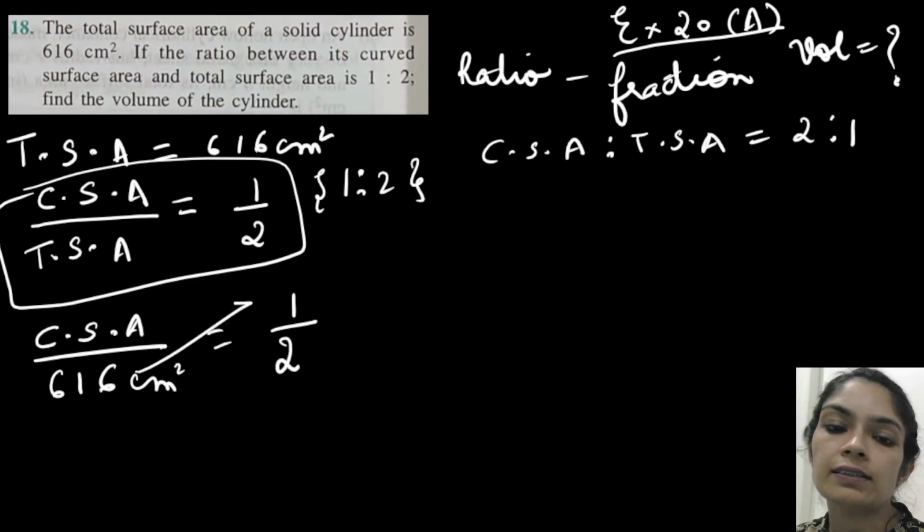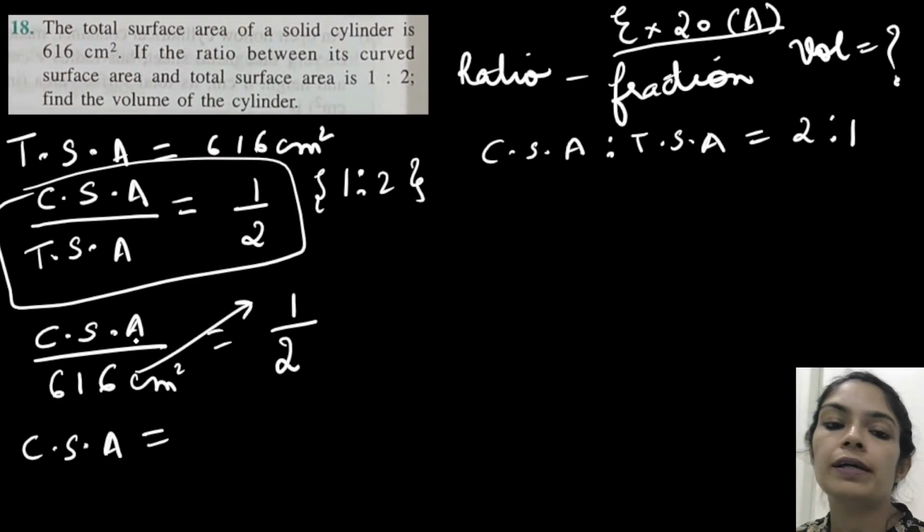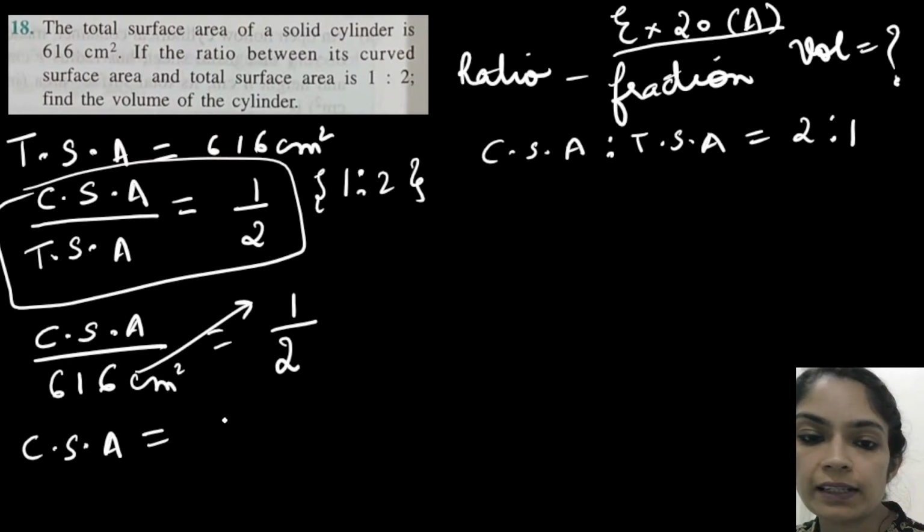Now this 616, let's shift to other side because only one unknown thing is there. So by shifting this 616 to other side, we can find the value of curved surface area. So here 616 is getting divided. If we shift it to other side, it will get multiplied. So multiplied with 1. If we multiply anything with 1, it will be same only.